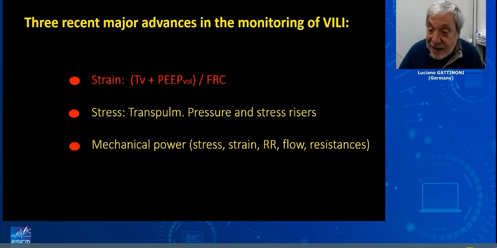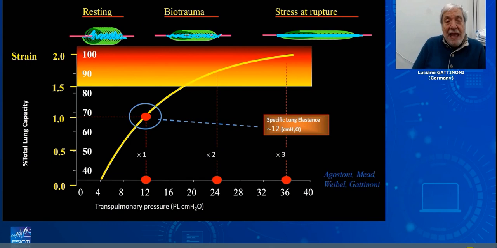And the stress is equal to the transpulmonary pressure, with a contrary sign, as in Newton's law. Now, stress and strain are two aspects basically of the same reality. Anytime I apply one, I recover the other.